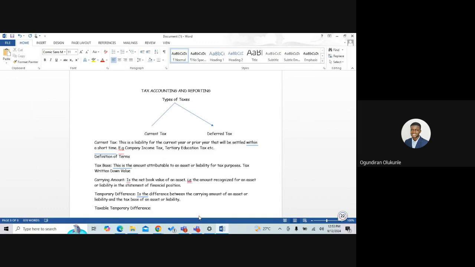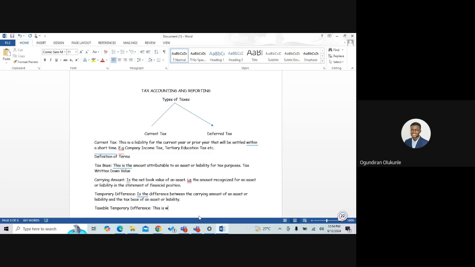This is when the difference between the carrying amount and the tax base will result in a future tax liability. Are you with me now? Yes, sir.